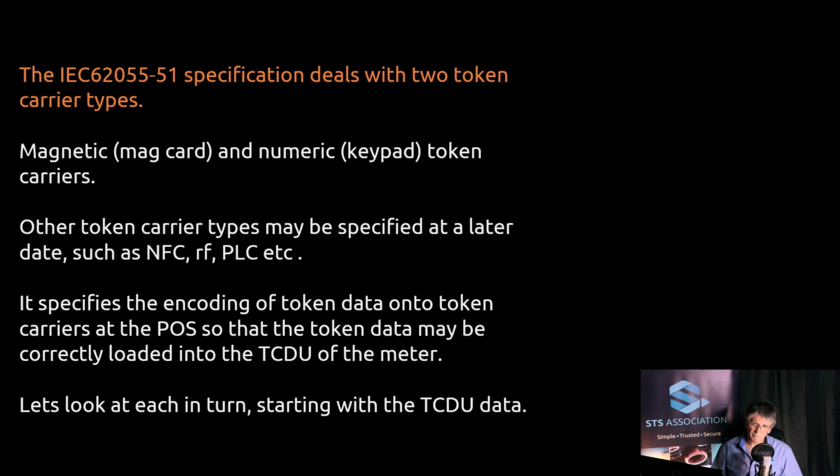The IEC 62055-51 specification deals with two token carrier types: the magnetic card or mag card and the numeric or keypad token carriers.